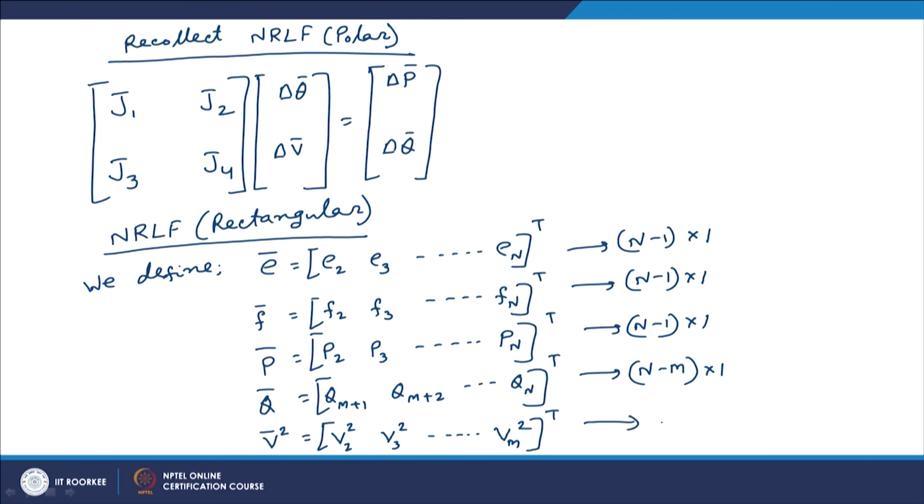So, this has dimension m minus 1 cross 1. So, these are unknown, and these are known vectors.